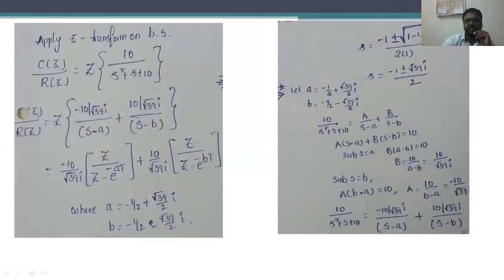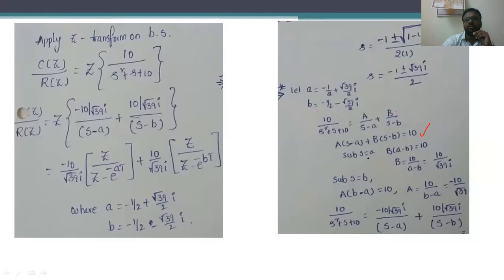So 10 divided by s square plus s plus 10 can be written as a divided by s minus a plus b divided by s minus b. In order to obtain the value of a, we substitute s is equal to a, and in order to obtain the value of b, we substitute s is equal to b.